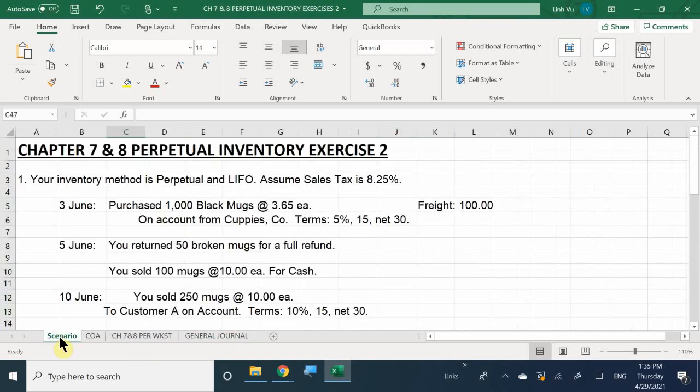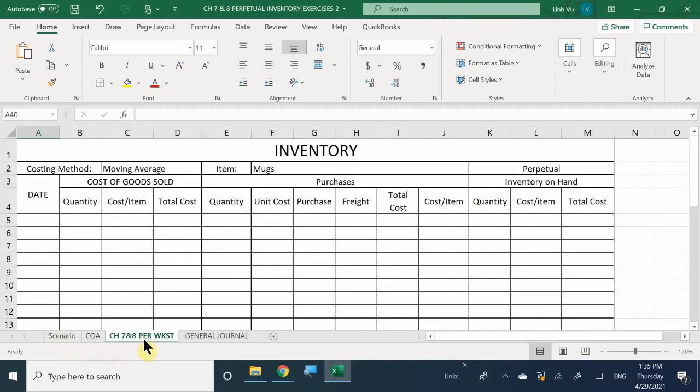So the scenario says that I purchased 1,000 black mugs at $3.65 each with the freight costing me $100. So inventory worksheet, it is June 3rd, and we purchased 1,000 items at $3.65 each with freight costing me $100.